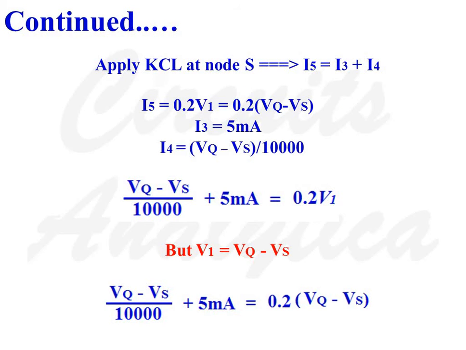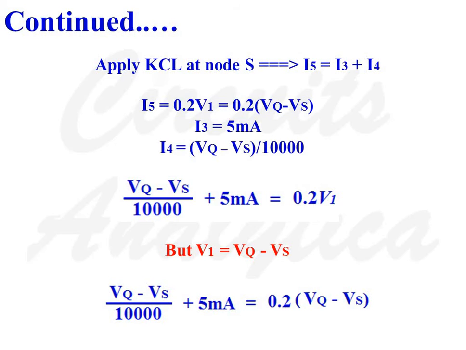I5 is equal to 0.2 V1, where V1 is equal to VQ minus Vs. Therefore, we can write I5 is equal to 0.2 into VQ minus Vs. I3 is equal to 5 milliampere and I4 is equal to VQ minus Vs the whole divided by 10,000.